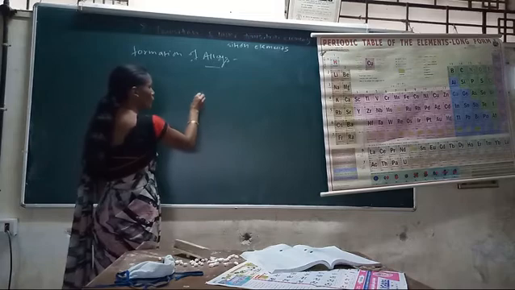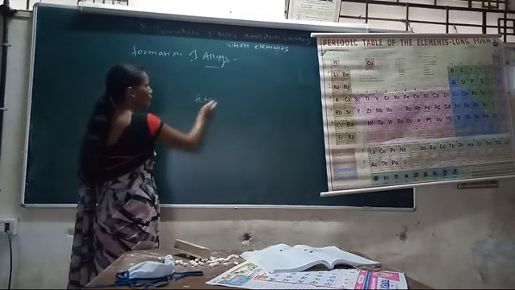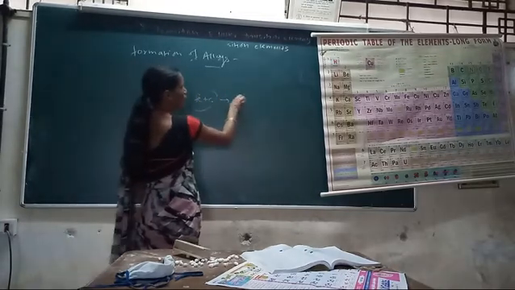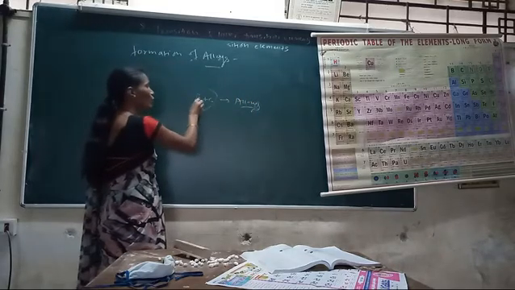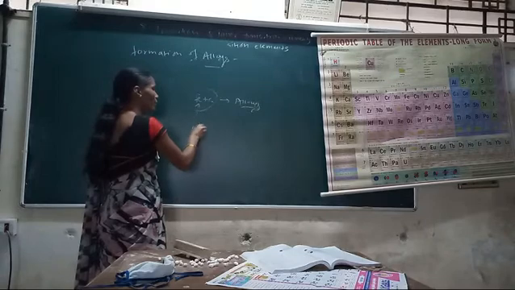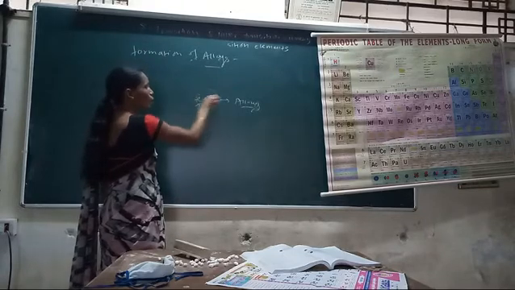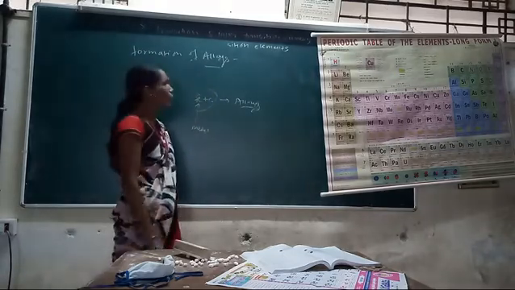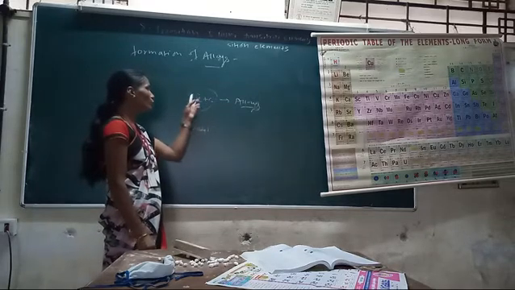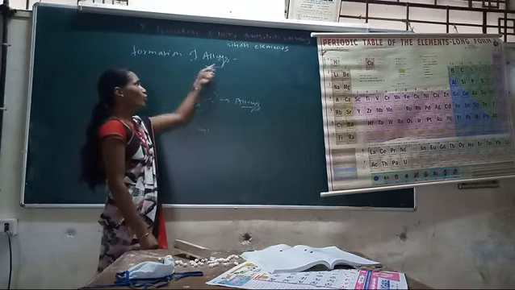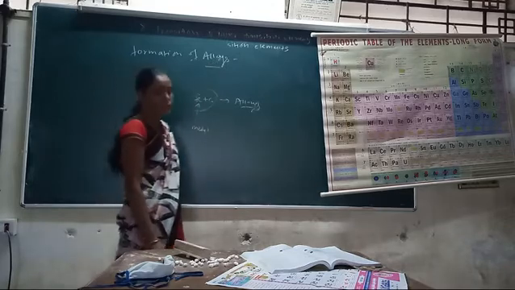For example, Fe and carbon. The mixture of these is called an alloy, meaning two or more elements in which one must be a metal. A homogeneous mixture of two or more elements in which one must be metal is called an alloy.